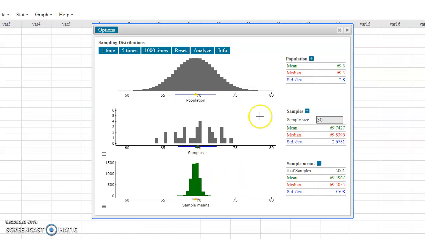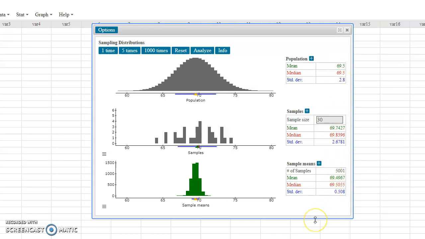So let's look at the three main characteristics. What's the mean of the 5,001 sample means? What's the standard deviation? And then what's the shape of our green graph, which gives us an idea of the shape of the sampling distribution. The sampling distribution is the distribution of the sample means. So first of all, the mean is about 69.4967, very close to 69.5, which is the population mean.